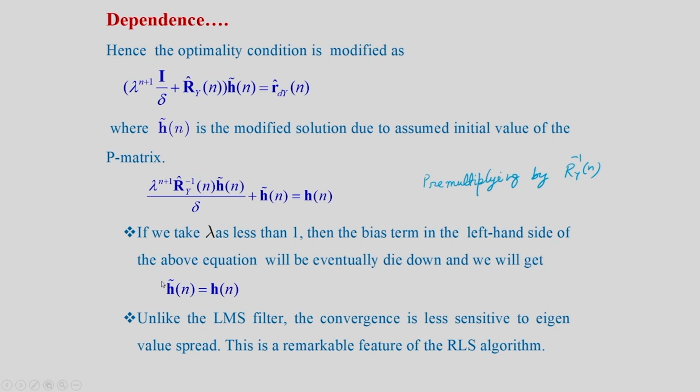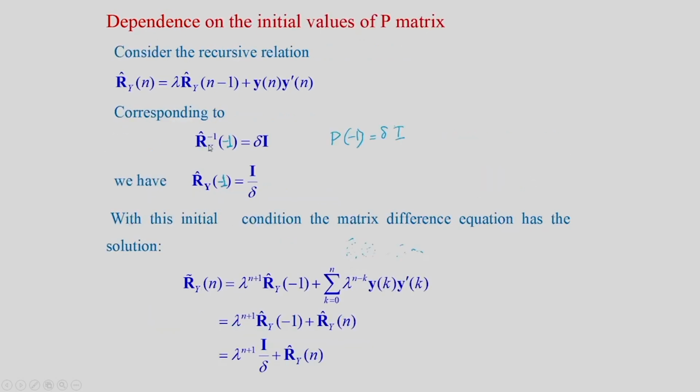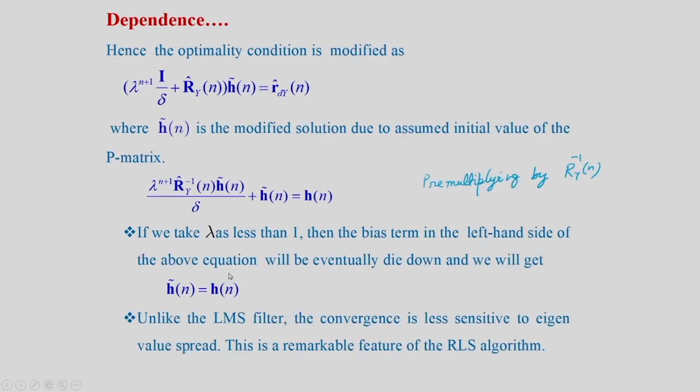Therefore, the initialization we have taken, that is, Ry hat inverse at minus 1 equal to delta I, will not affect the solution. So, ultimately we will get H tilde n equal to H n.